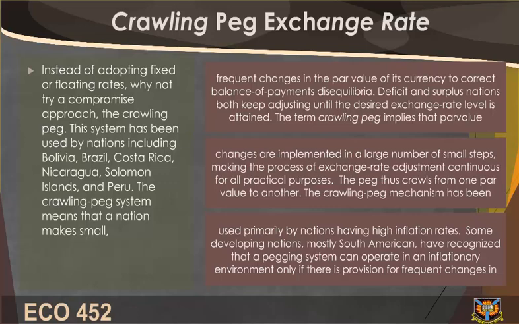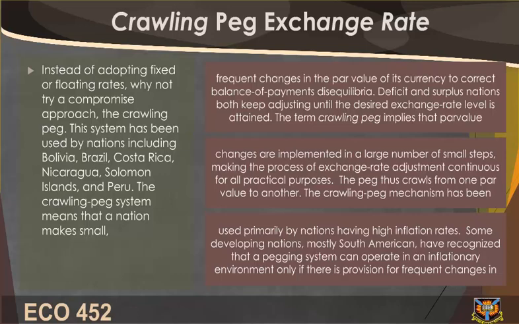Crawling peg exchange rate. Instead of adopting fixed or floating rates, why not try a compromise approach? The crawling peg. This system has been used by nations including Bolivia, Brazil, Costa Rica, Nicaragua, Solomon Island, and Peru. The crawling peg system means that a nation makes small frequent changes in the par value of its currency to correct balance of payments disequilibria.